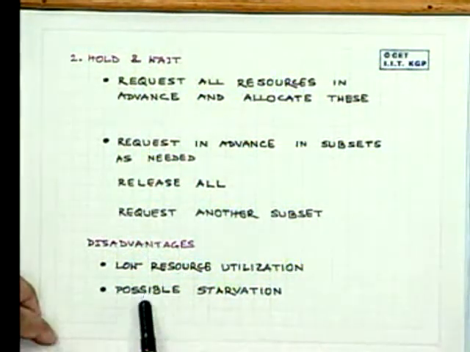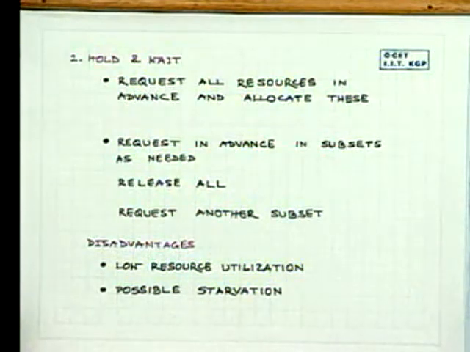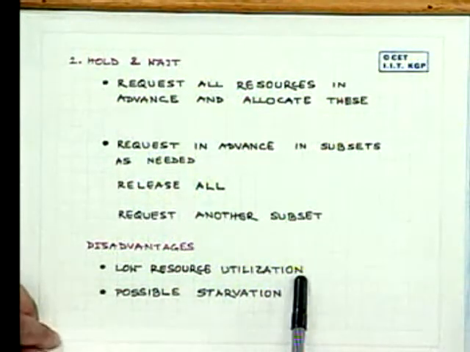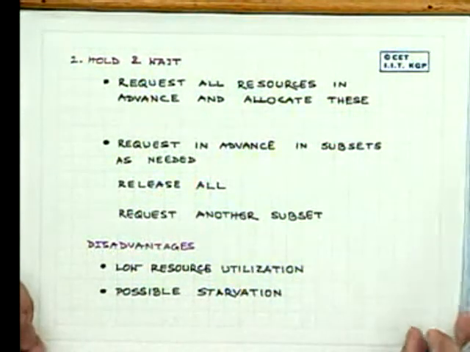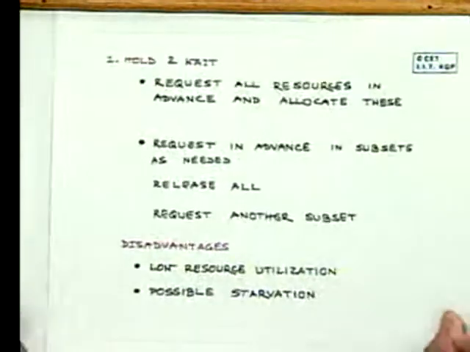It may also lead to possible starvation, because if there are popular resources and many processes want them, and the process cannot move without these resources, it has to wait, and naturally a process may starve. Therefore, the disadvantages are low resource utilization and possible starvation.